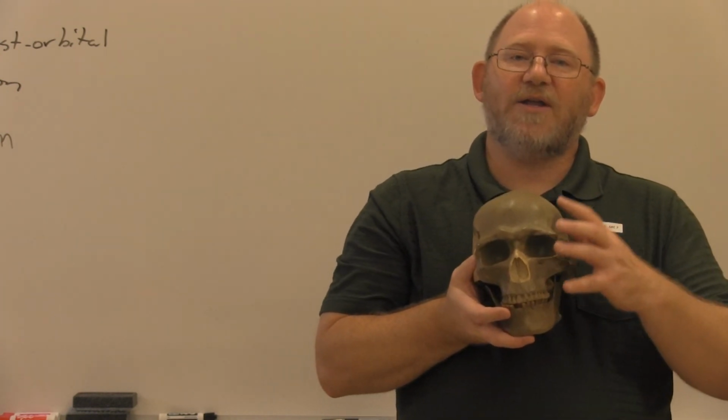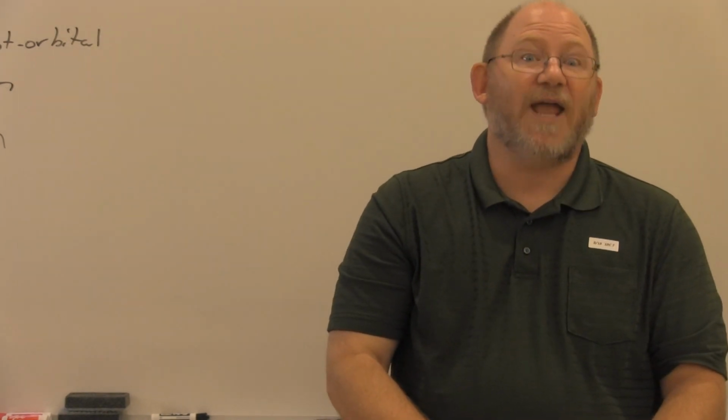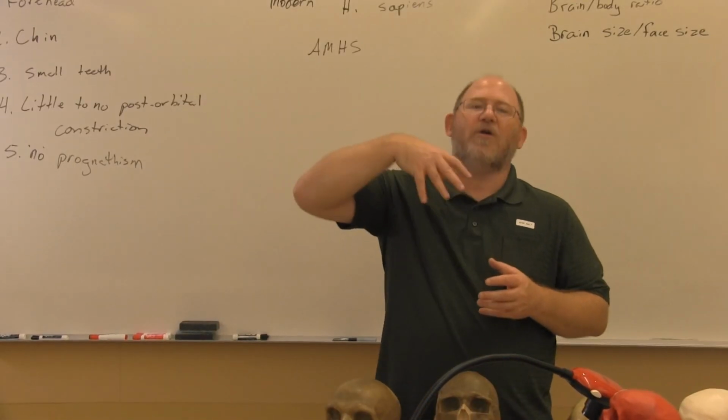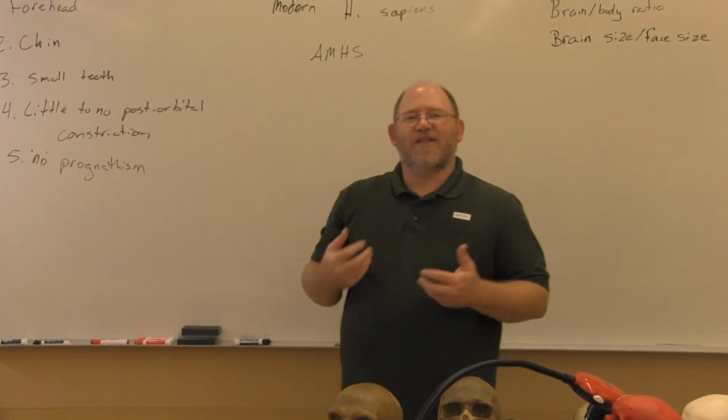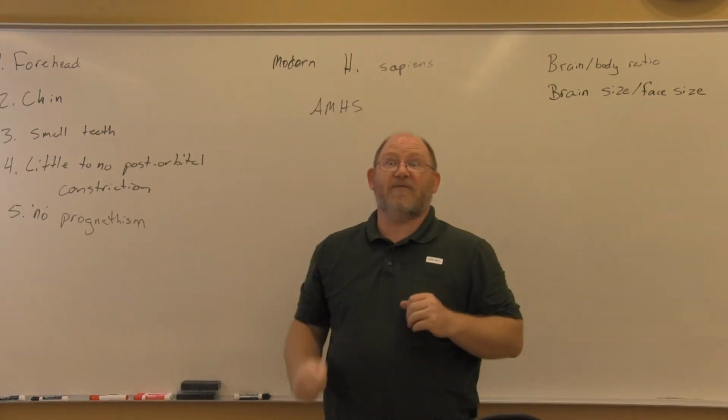With modern humans, with this increase in the forehead shape to have the higher, more rounded forehead, there's an increase in how much of the face there is above the eyes.